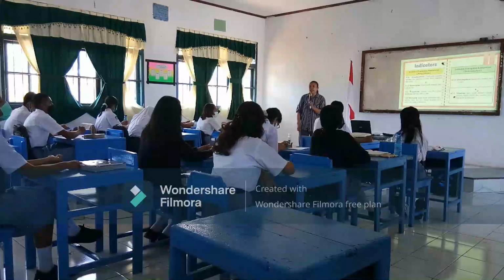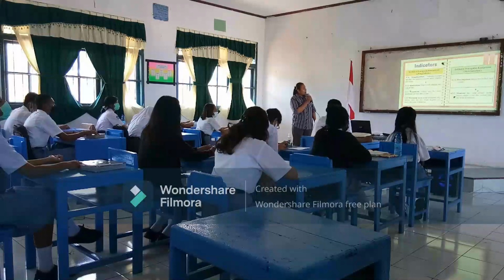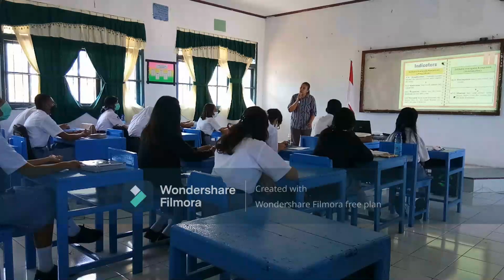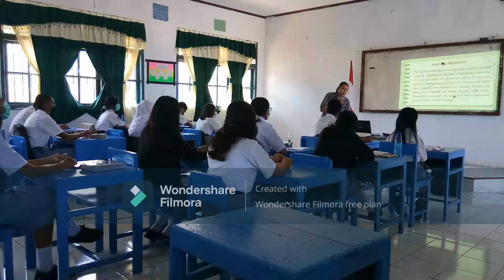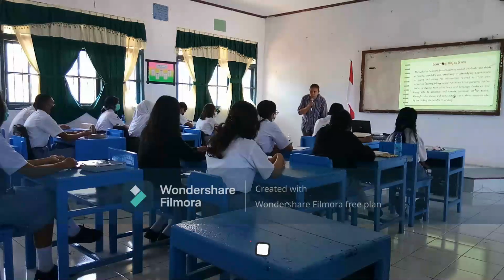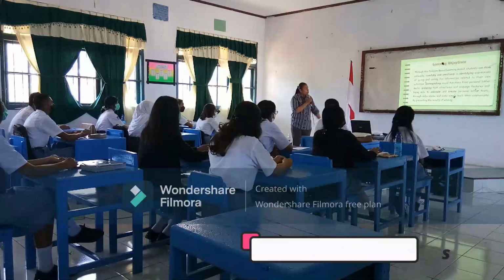It's about the indicators. There are 5 indicators that we should get this afternoon about the learning objectives. Do you see? Can you see? Yes. Is it clear for you?